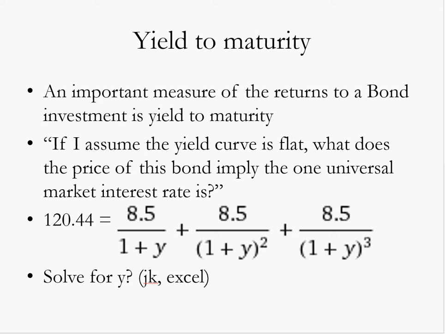Another important yield concept is yield to call. This is because some bonds can be called back by the issuer, right? They say we don't want these bonds anymore. We want to pay them off and get new bonds, and so they'll call them back. If that happens, the interest rate you get might actually be different, because if interest rates fall, the company will be interested in issuing new debt at the lower rates, and so they'll call them back.